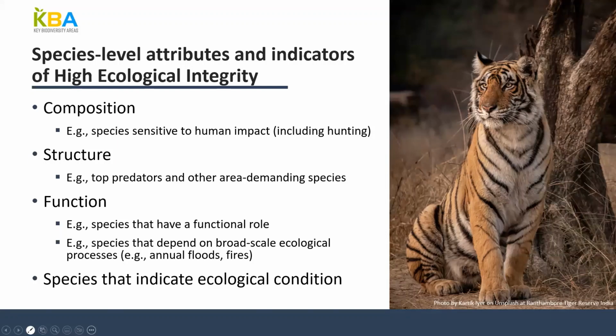Finally, you can also identify species that indicate general ecological condition. So species that indicate air or water quality, and show that these are species that are present only in high integrity sites.